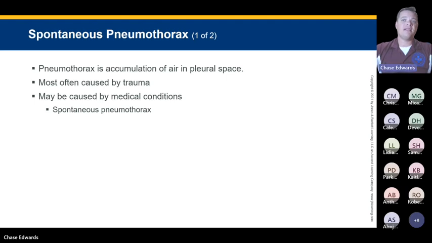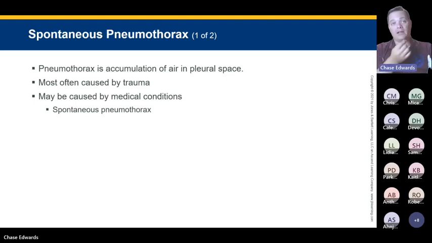All right, spontaneous pneumothorax. Spontaneous, sudden, right? Pneumo, air, thorax, in the chest cavity. So pneumothorax is the partial or total accumulation of air in the pleural space. It's often caused by trauma, but it may also be caused by medical conditions, like when we talk about spontaneous pneumothorax.